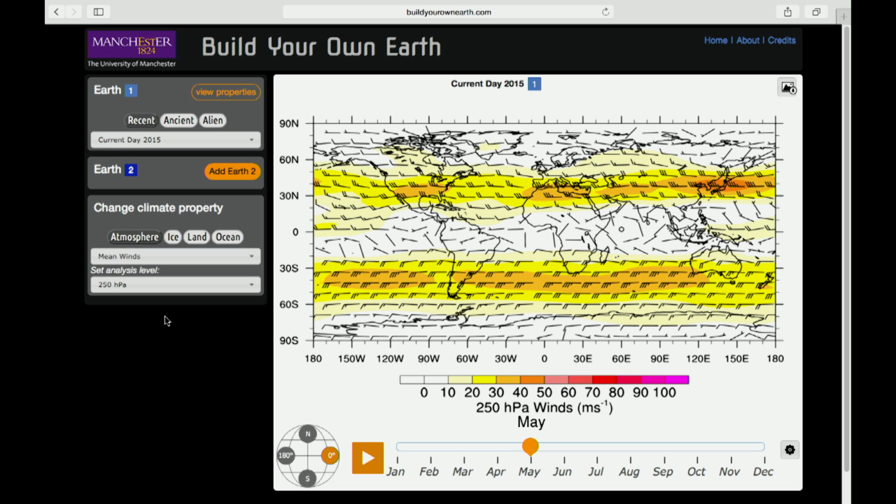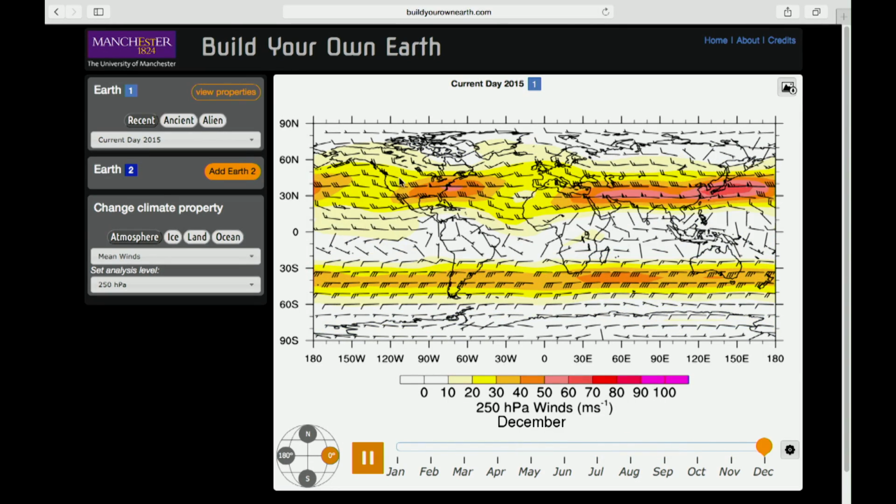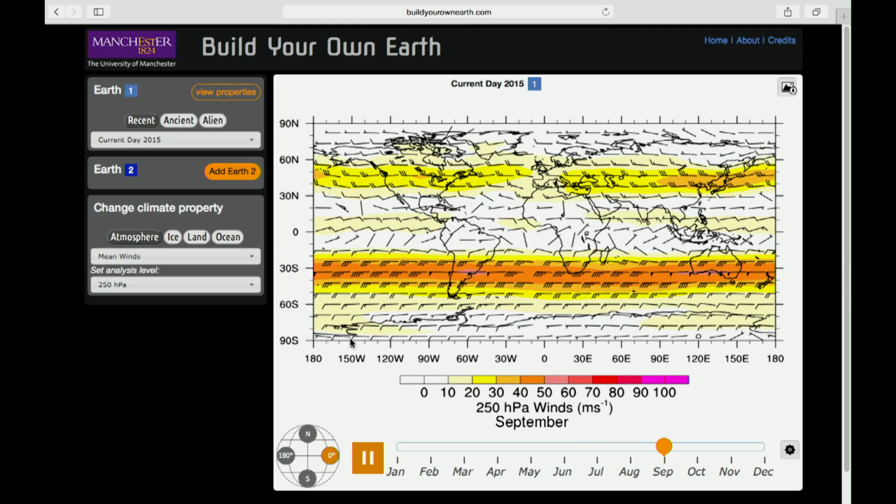What we see when we look at this field is two areas of enhanced wind speed, one in the northern hemisphere and one in the southern hemisphere.